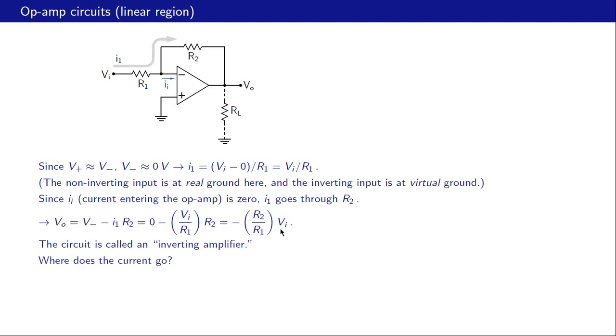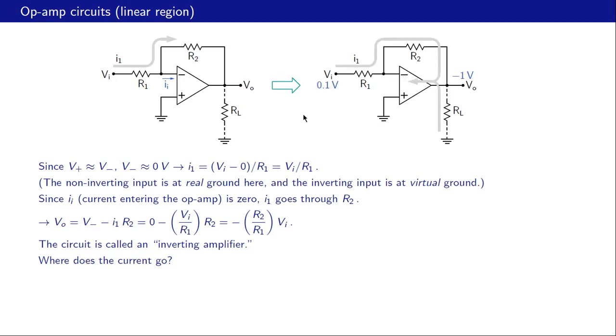Now the next question that we must address is, where does this current go? The current that we have shown over here. And here is the answer to that question. Let's take an example. Say Vi is 0.1 volt, R2 is 10K, R1 is 1K. So the gain is minus 10K by 1K, that is minus 10.